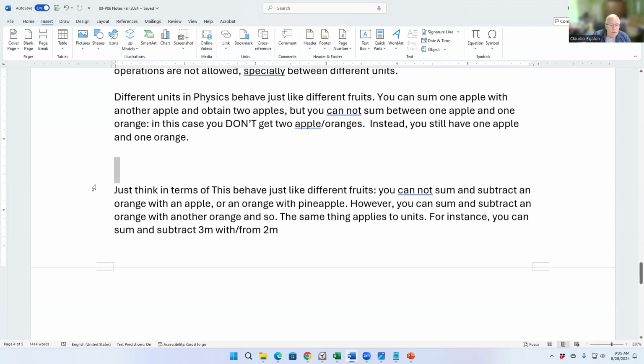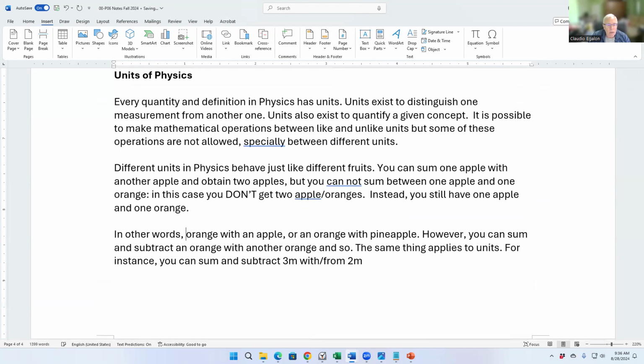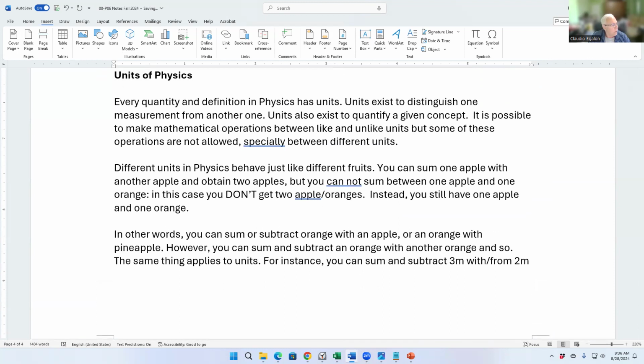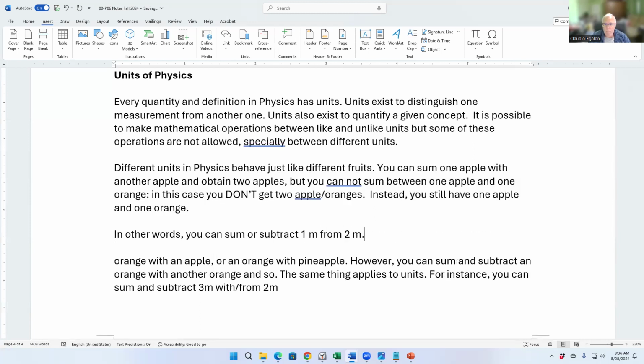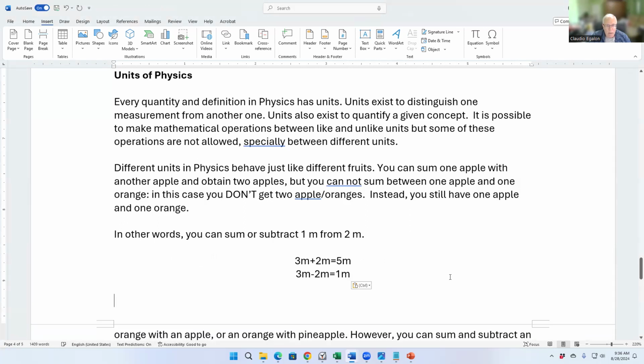You can sum or subtract 1 meter from 2 meters. 1 meter plus 2 meters is 3 meters, right?